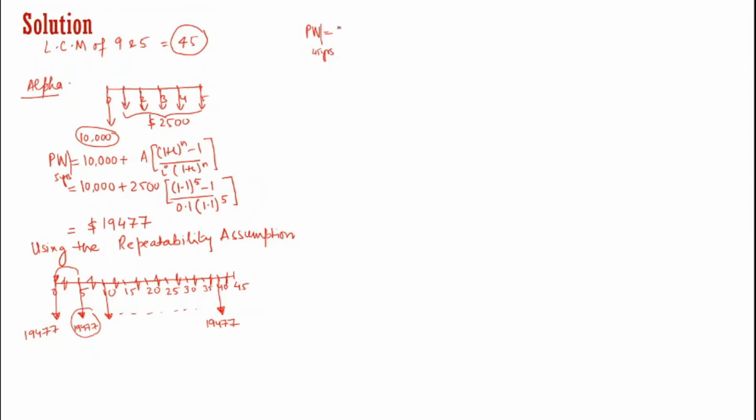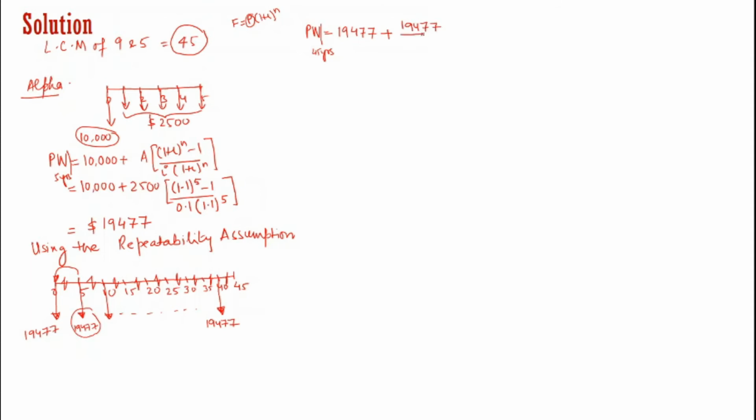So the first transaction is already at 0, so no need of any conversion. For the second, treating the second transaction as the future and computing it at the present point of time, using the relation F equal to P (1 plus i)^n.